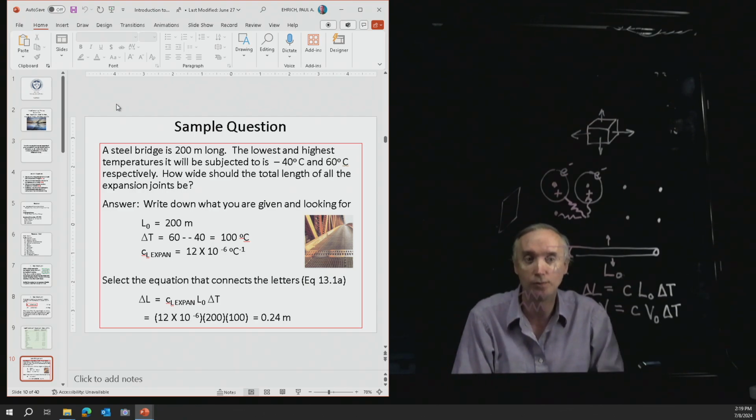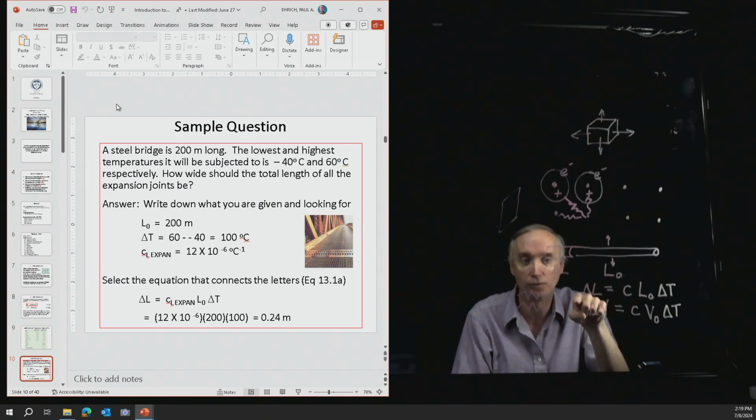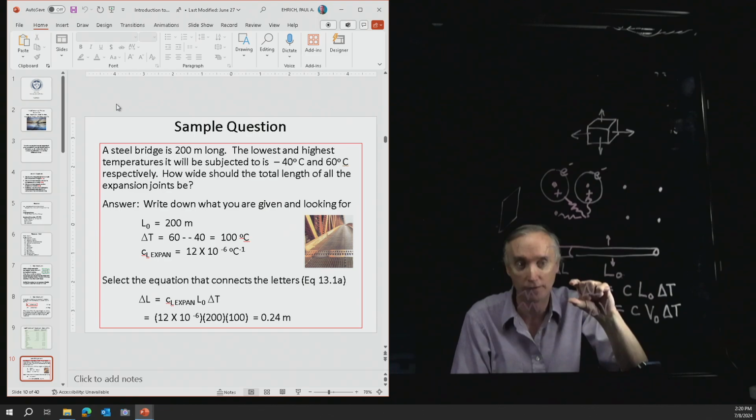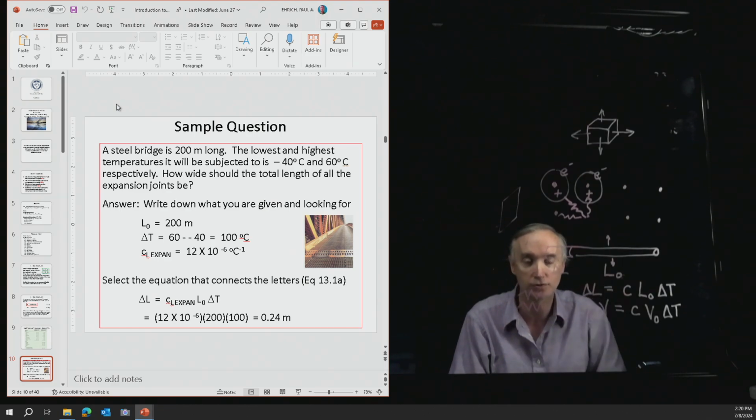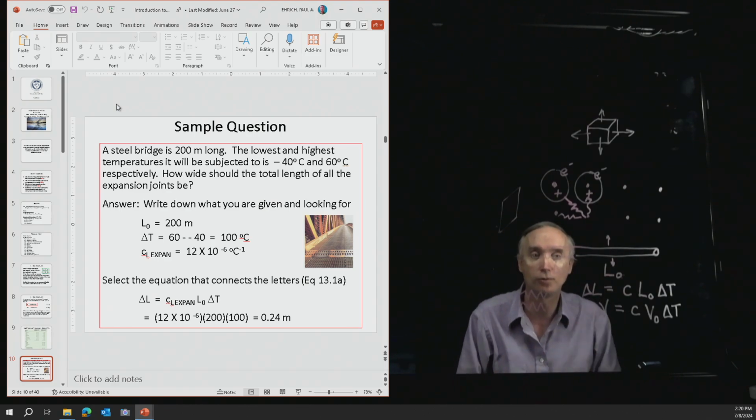So that means that we would take that number, 0.24, and divide it by 5, and that would be how much each one of those expansion joints would have to be able to expand, which might be only about 5 centimeters, so about this much. So it's very important that bridges have this so that they don't buckle whenever you heat them up.